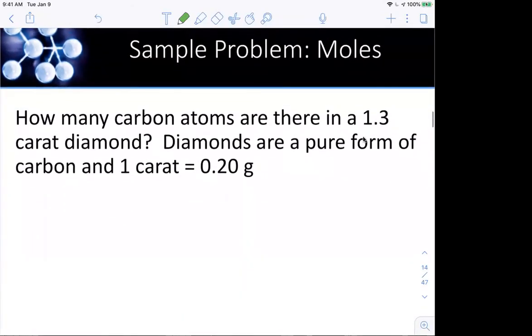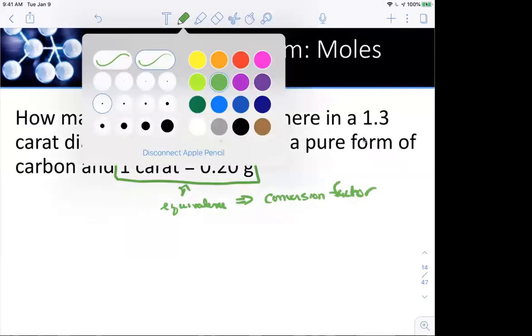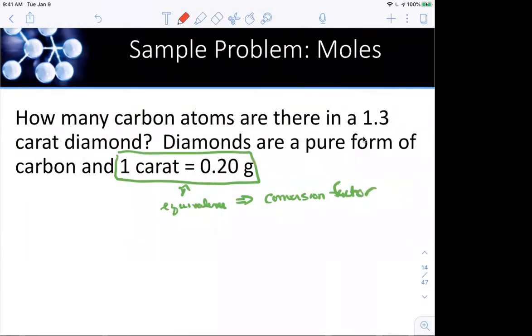Here's another question. How many carbon atoms are there in a 1.3 carat diamond? Diamonds are a pure form of carbon, and 1 carat is equal to 0.20 grams. So here's another equivalence, which can give me a conversion factor. So let's look at what I'm given.